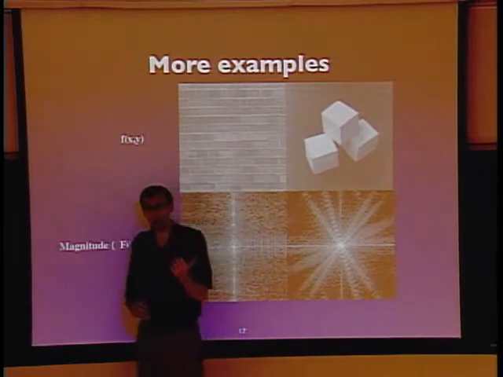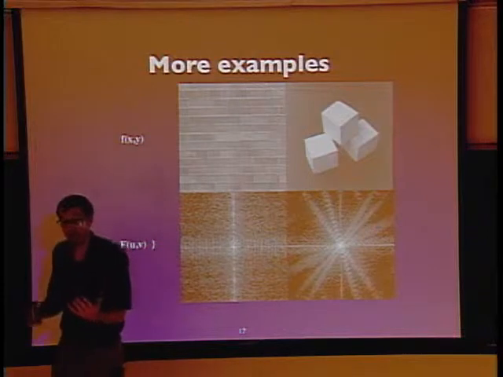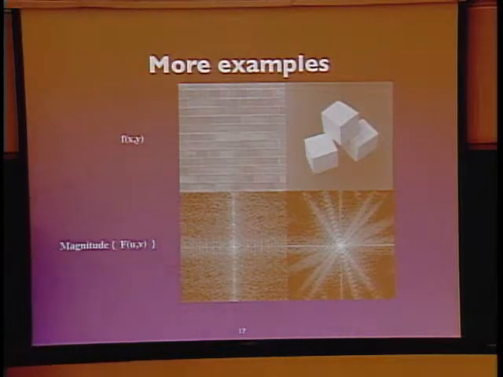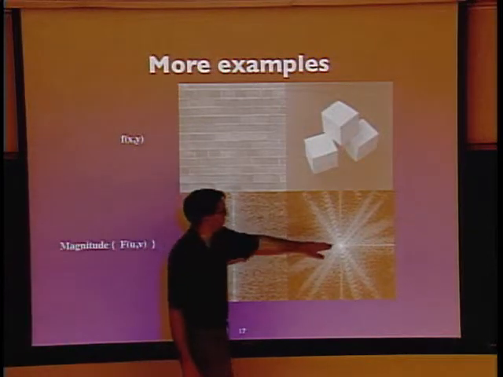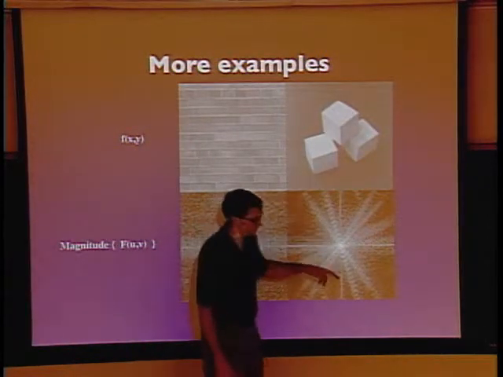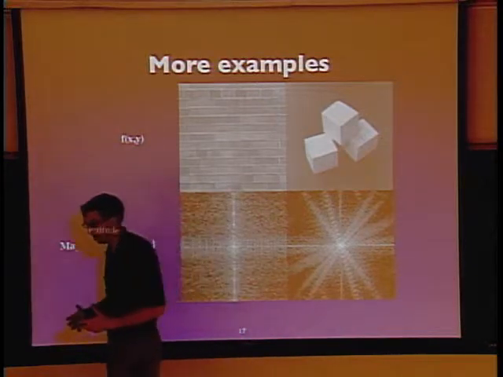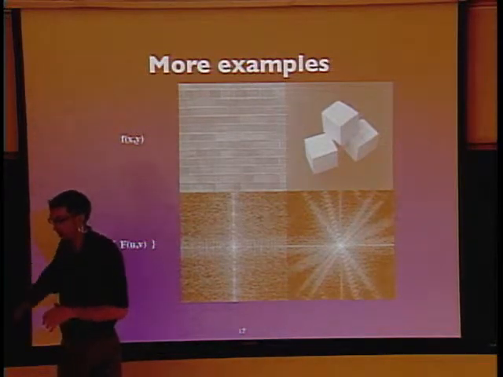You could count off on maybe 2 hands, or 2 hands and a foot, all of the different edge orientations in the image. For each one of those edge directions, there is one such stripe that corresponds to a sinusoidal function in that orientation.